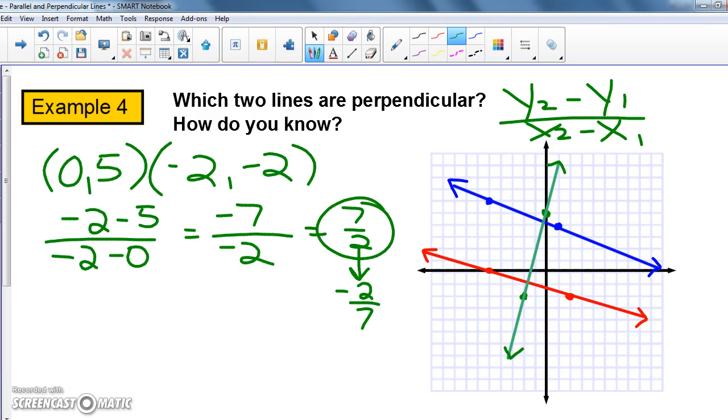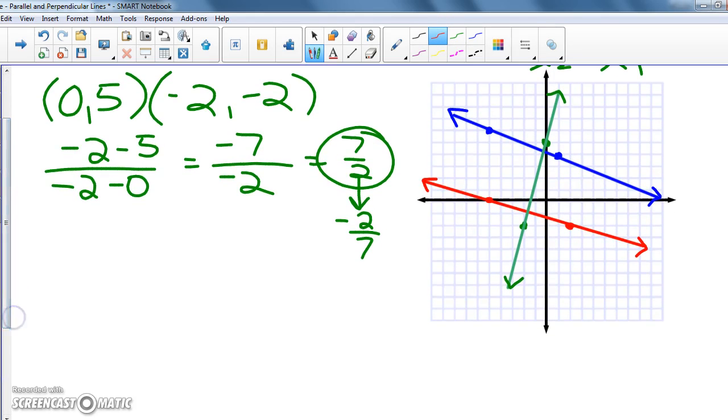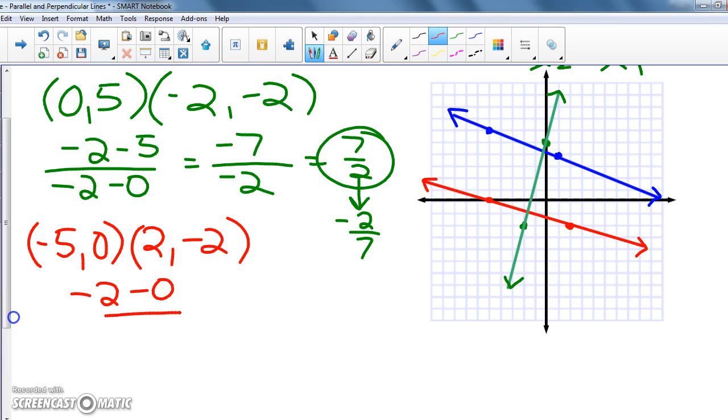So I'm going to try, I guess, the red one. It kind of looks closer, who knows? So the red one is -5, 0, and 2, -2. So that's going to be y2 minus y1 over x2 minus x1.